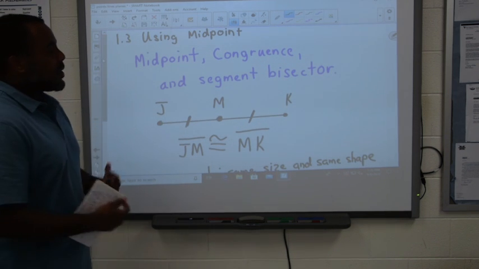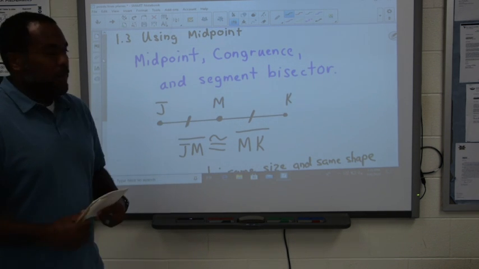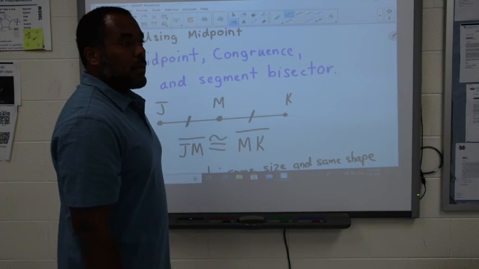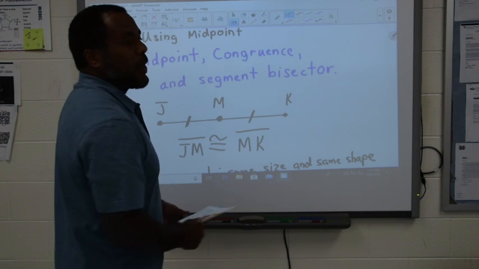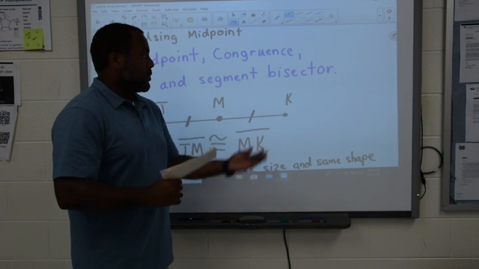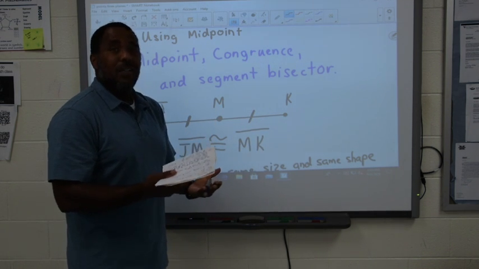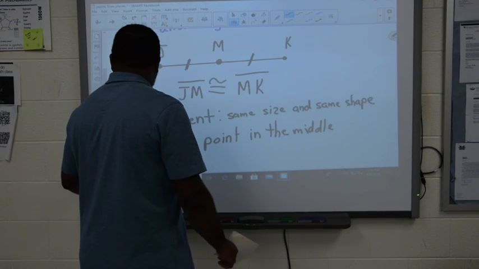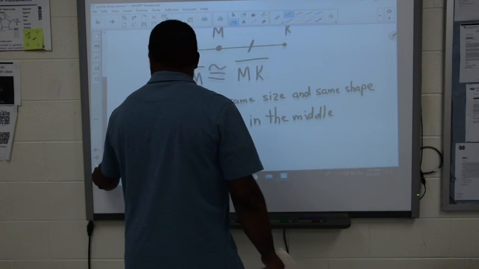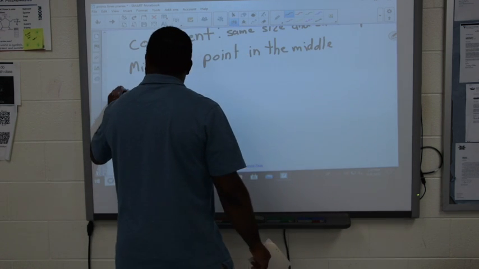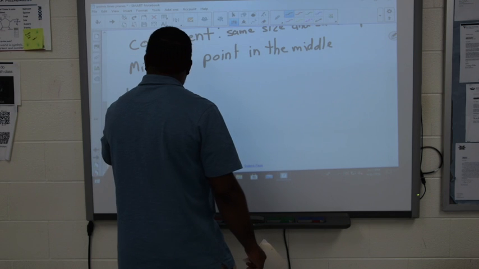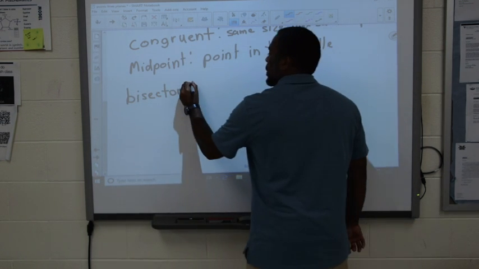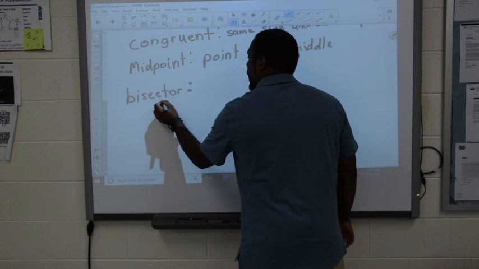Segment bisector. Segment bisector is something else that cuts it in half. Something else. It's not a point. So if there's not a point that's going to cut something in half, it's going to be a line, usually a line. So let's take a look. In bisector, so bisections.